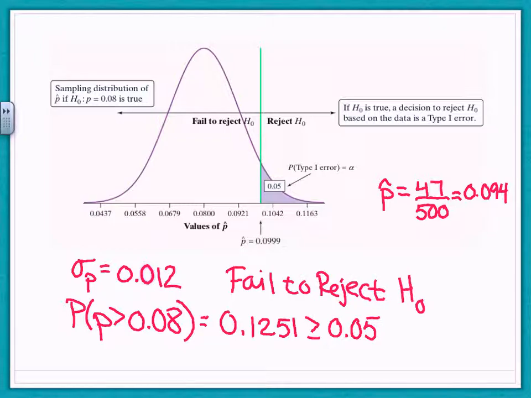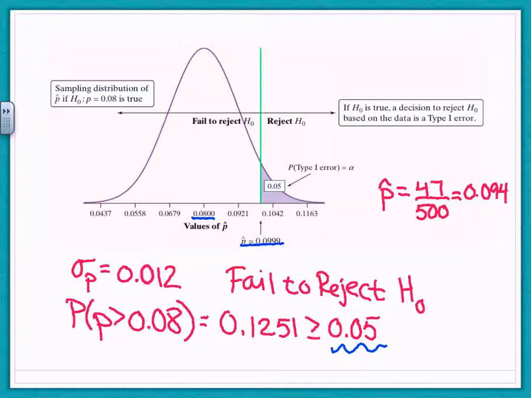Let's understand why. If I establish an alpha level of 5% as my cutoff, this distribution would be centered at my null hypothesis of 8%. My upper 5% would lie at 0.0999.